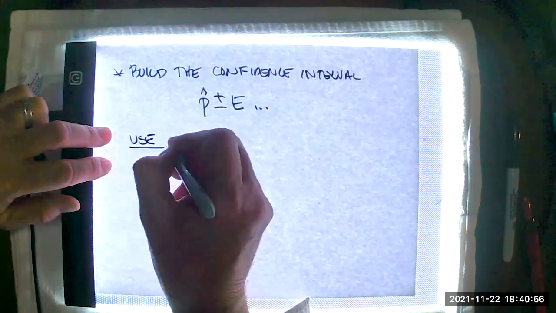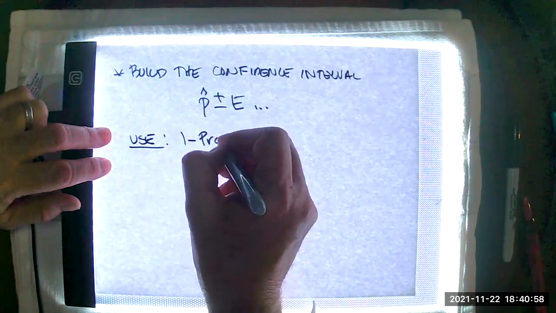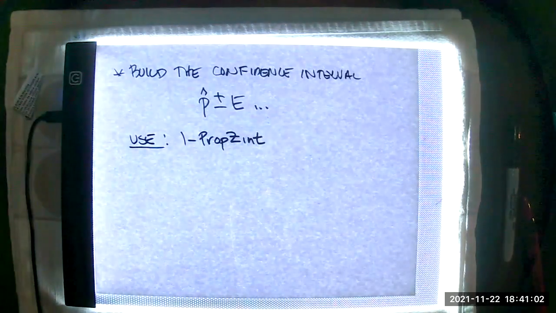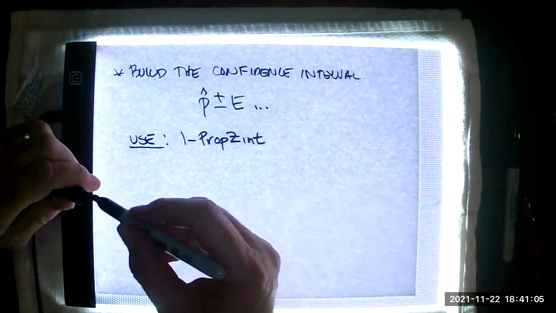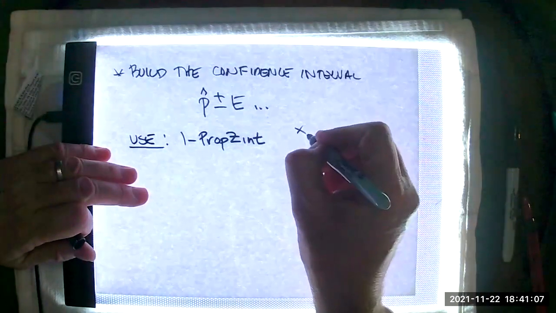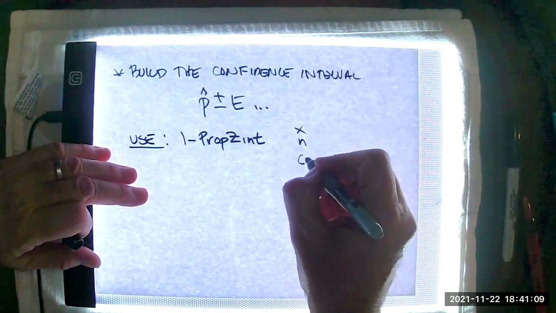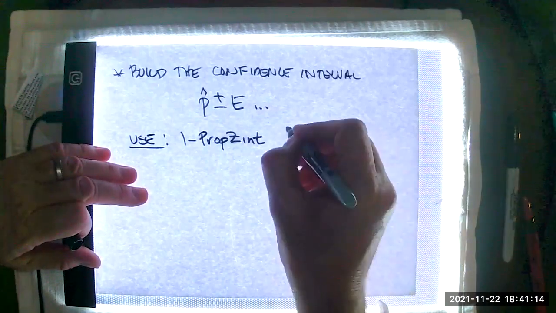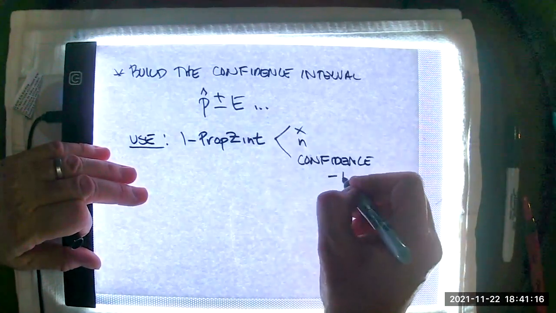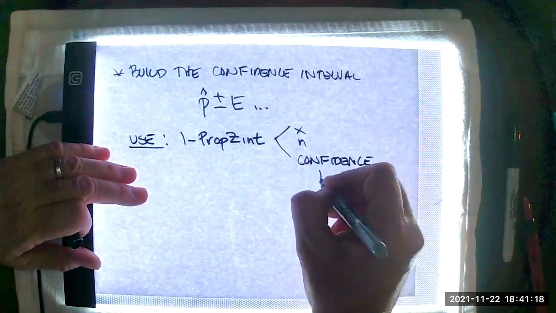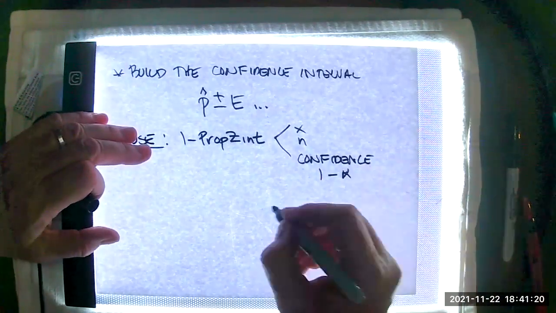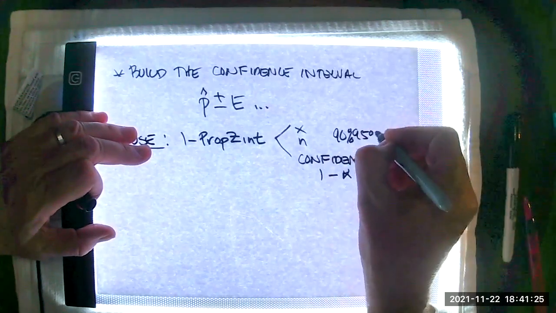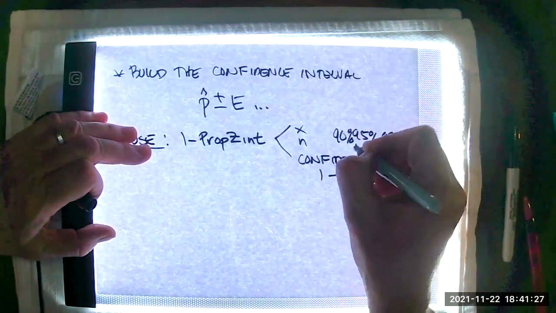I'll use 1-PropZInt to actually do that. It's kind of nice. All I need to give it is x and then the level of confidence. And that level of confidence is, excuse me, 1 minus alpha. Almost always it's 90%, 95%, and 99%, although you could see other values.